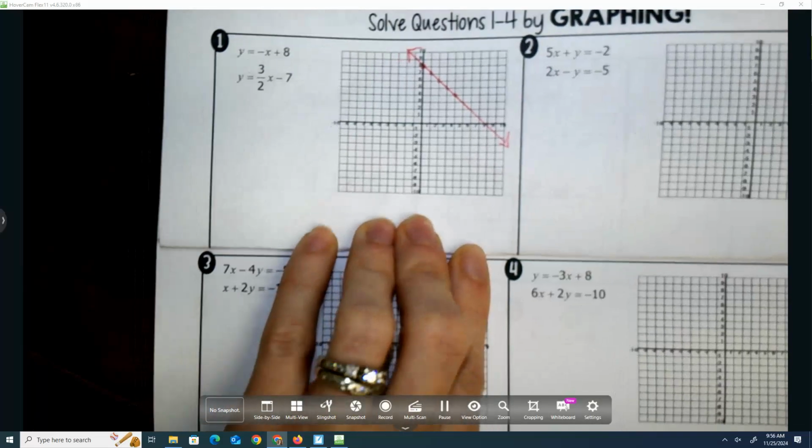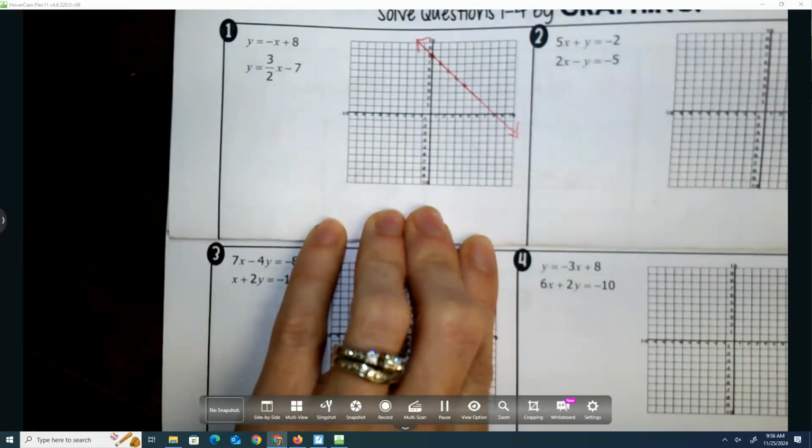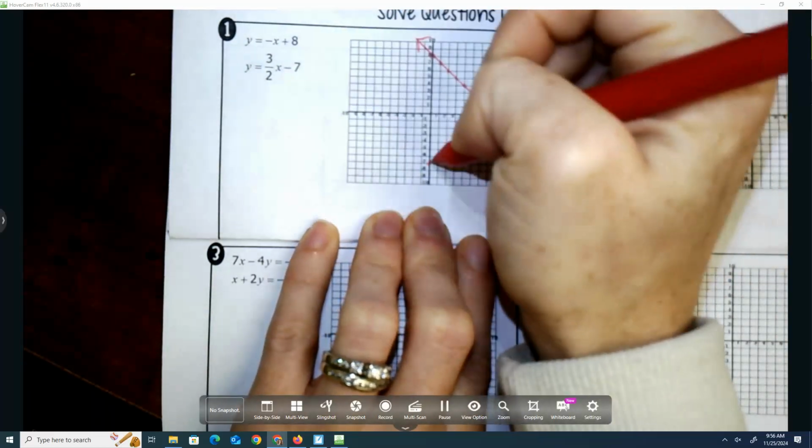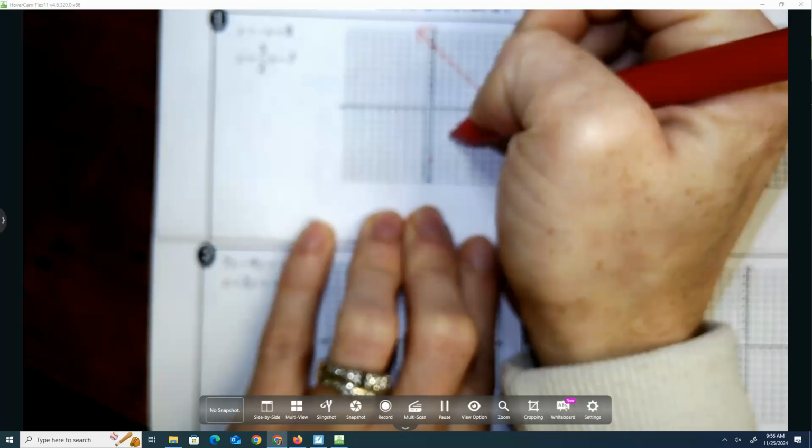Okay, second one. Where do we begin to graph this one? Then my slope is 3/2. So we go up 3 and right 2.